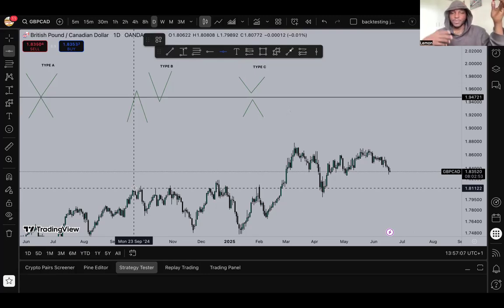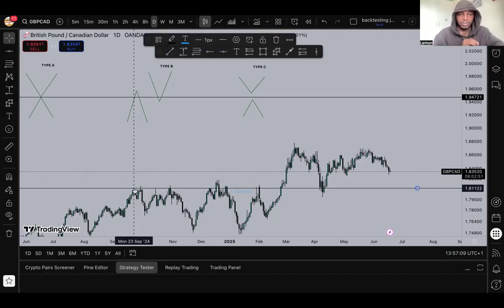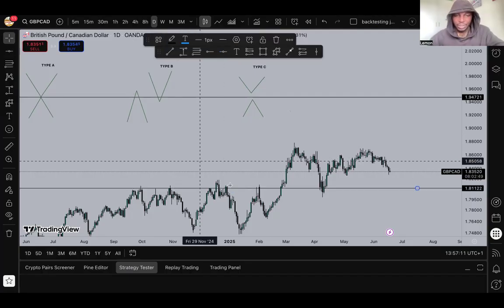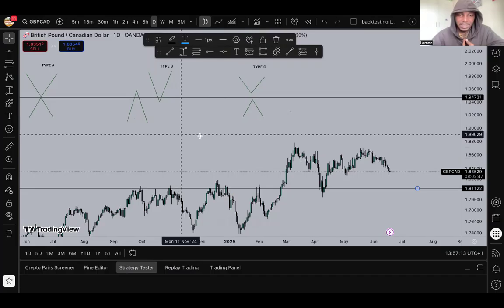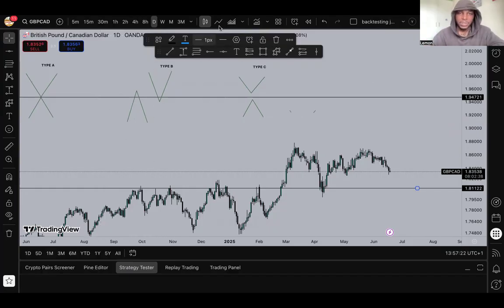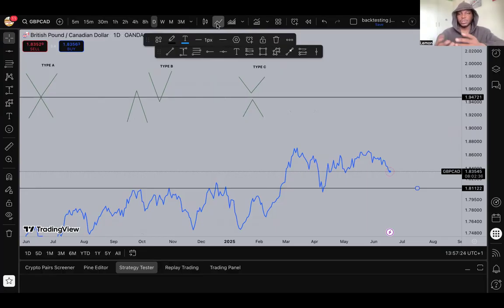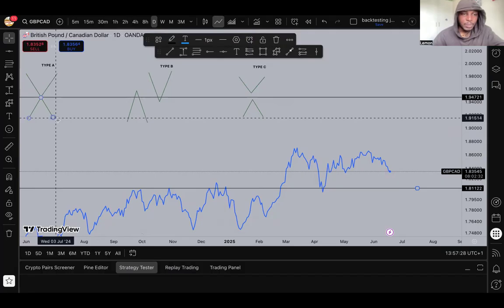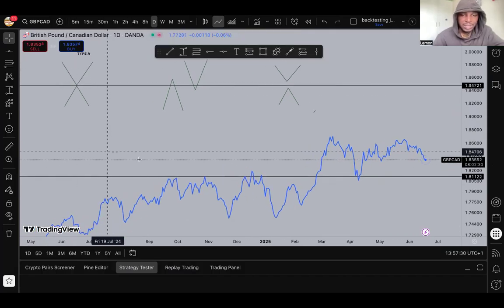History plays itself over and over again. If I draw my support and resistance line like this, I can see different types here with my eyes, using candlestick analysis. But if I use my line graph, it's going to be easier to spot this support and resistance.